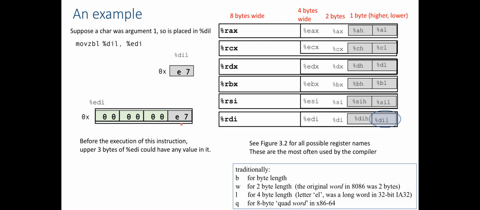That's what that move is going to do: zero out the higher order bytes, and therefore the value that's now in EDI is the widened original byte. So that's how the movz works. And again, that's used for unsigned values. So this would have been an unsigned char.